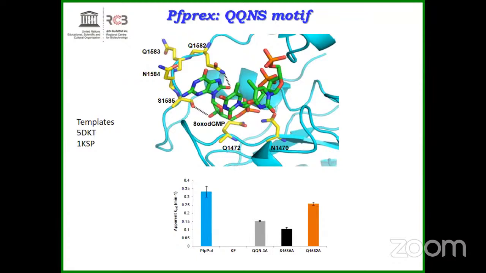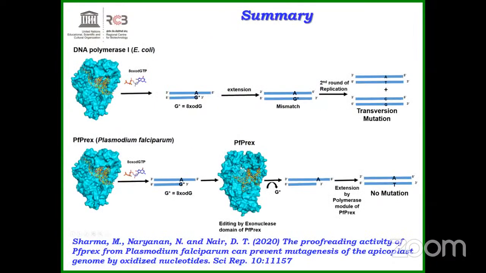So it has acquired this capacity to be able to bind DNA which has a terminal 8-oxo-dGMP and so ensure that it can remove it. And so this enzyme has acquired this ability to prevent the deleterious effects of ROS on DNA synthesis in the apicoplast organelle of the malaria parasite.